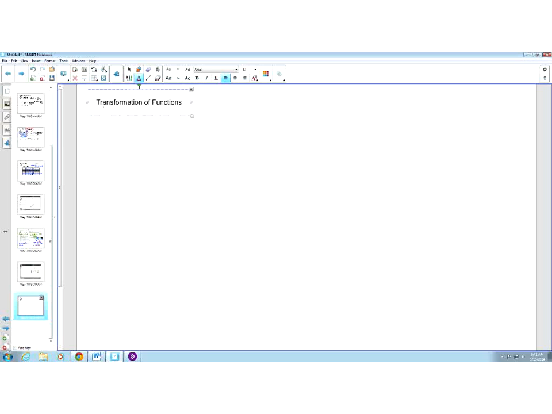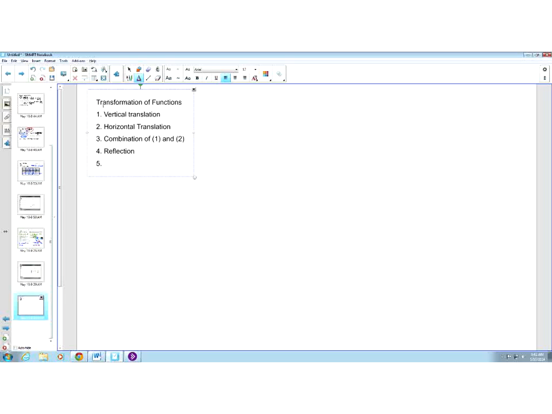All right, so what do we mean by this? So when we translate functions, we have what? Vertical translation. We have horizontal translation. Then we have a combination of 1 and 2. And then we have other kinds, right? We have reflection.